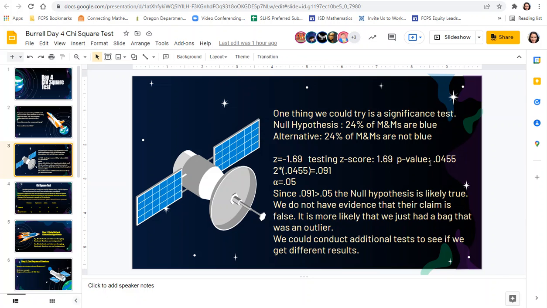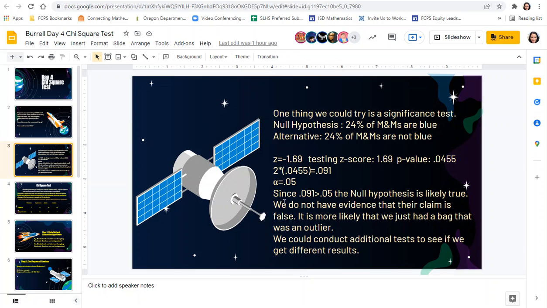You got a p-value of 0.0455, multiplied it by 2, and you got a value that was higher than your significance level of 0.05. So that's a very quick review of significance testing. And remember, we have the slides on day 2 of significance testing if you want to review that process.